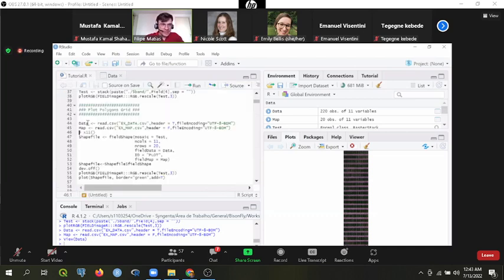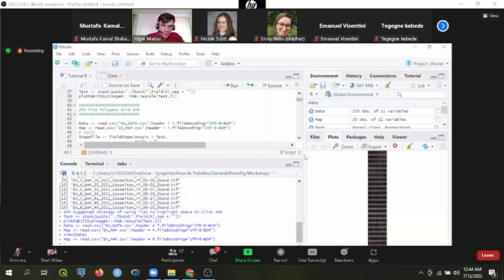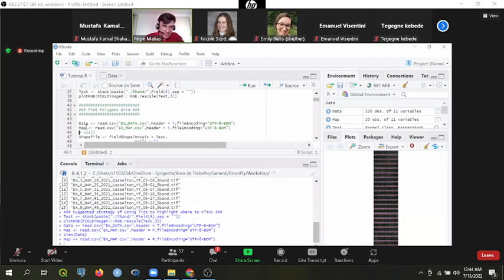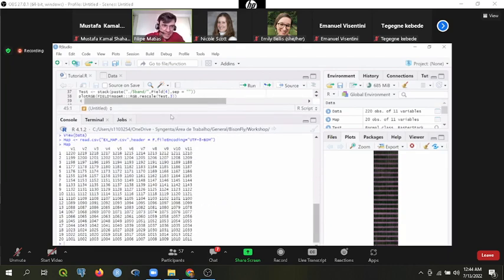How are we going to do this? First of all, we bring the data to R, and then we also have the map. The map is very important because it gives us an idea of how our field looks. The map is basically a matrix with the plot information, where each plot needs one unique identifier.